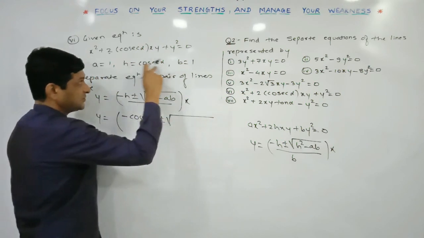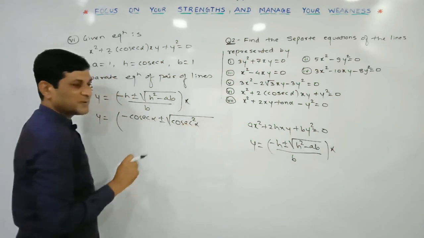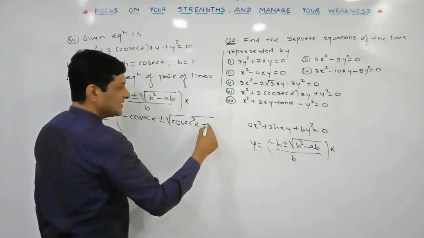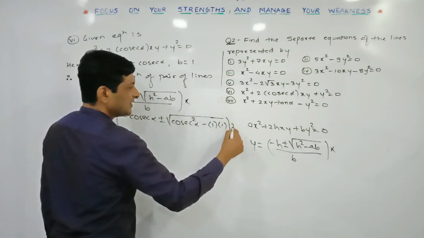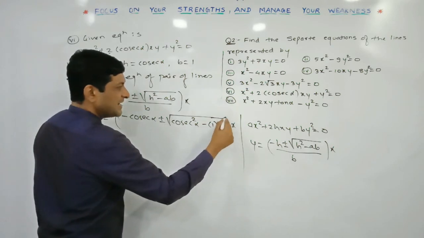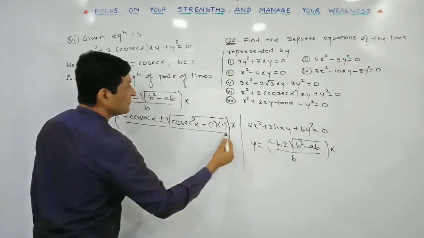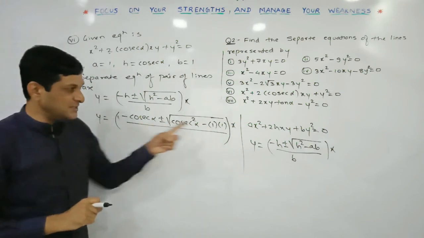Again replace h by its value, cosec alpha. But here h square is there, that's why we will get cosec square alpha, minus a is also 1 and b is also 1, into x divided by what? b. What is the value of b here? 1. We have just substituted the values in this formula.